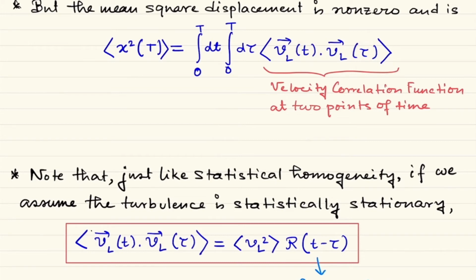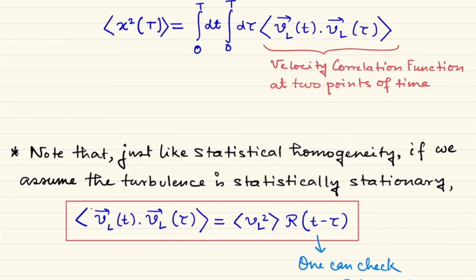Now note that, just like statistical homogeneity, if we assume a new assumption, which is the assumption of statistical stationarity, then what happens? Statistical stationarity is nothing but a homogeneity in time. Then the 2-point correlation function will simply be given by the normalization constant, which is the averaged VL square, times the Pearsonian correlation coefficient, and this correlation coefficient will then simply be a function of neither t nor tau but the distance between t and tau.